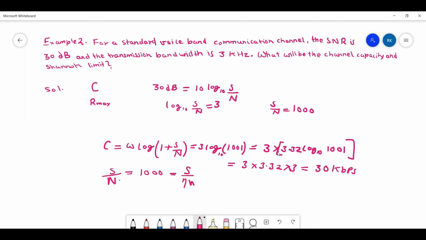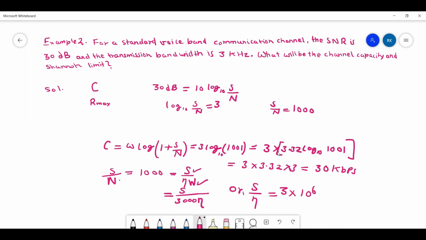So what will be the value of eta in this case when we know the signal power S and the bandwidth W? When we know these two values, we have S upon 3000, which we have just now calculated, into N. Or we can say that we have this ratio is equal to 3 into 10 raised to power 6.